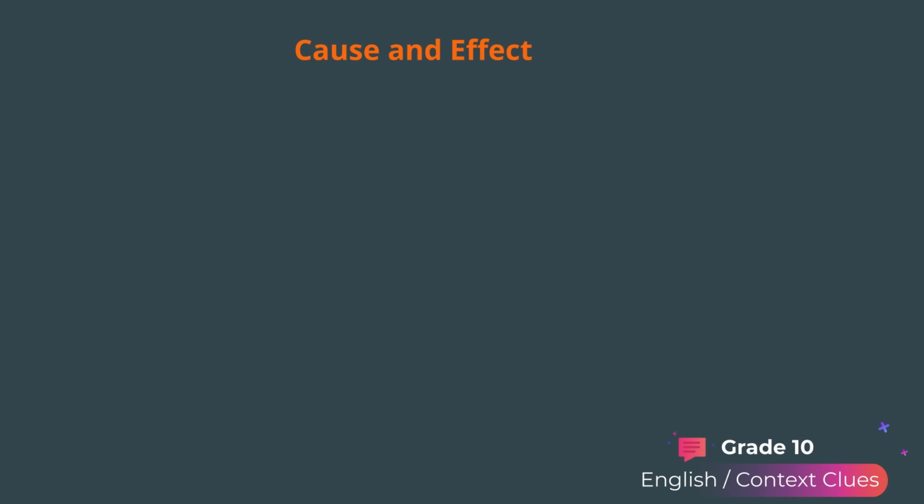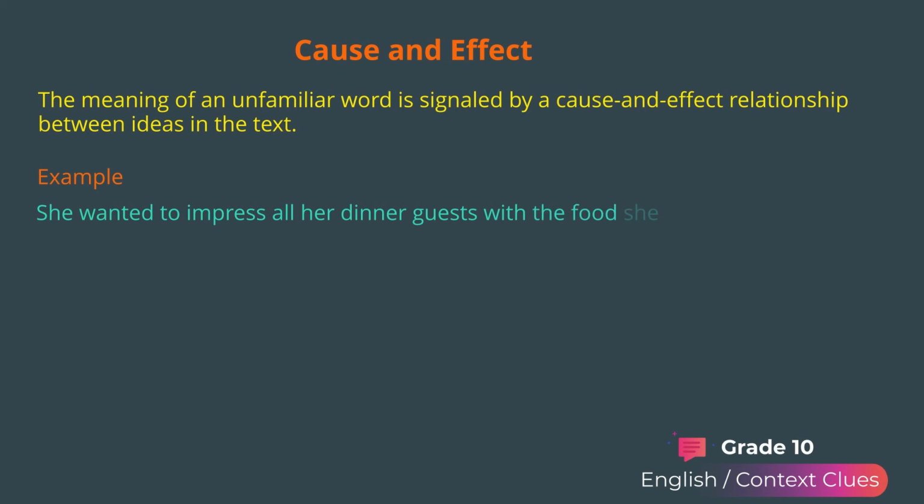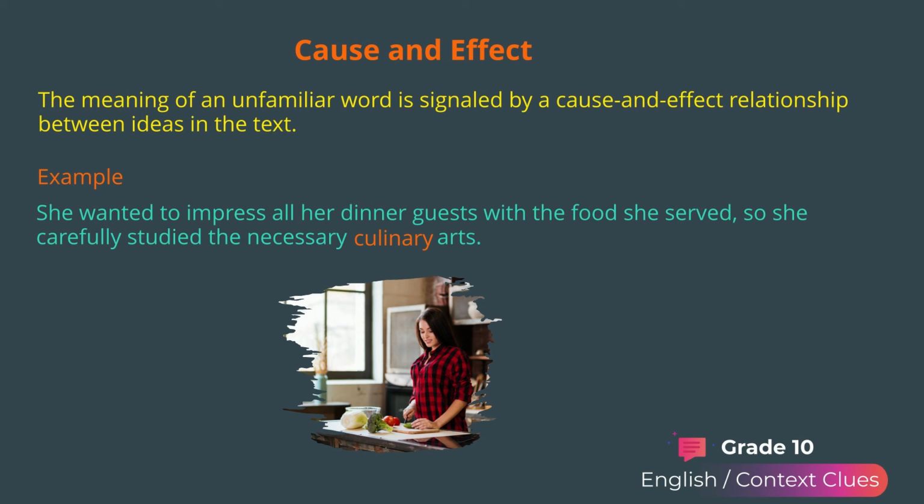Cause and effect. With this, the meaning of an unfamiliar word is signaled by a cause and effect relationship between ideas in the text. Example: she wanted to impress her dinner guests with the food she served, so she carefully studied the necessary culinary arts.